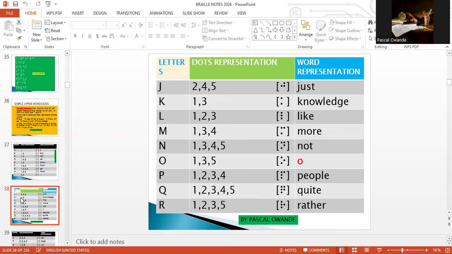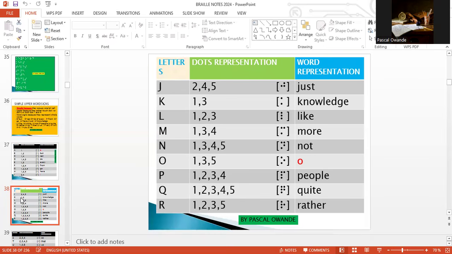Then we have letter Q, and the dots for letter Q is dot 1, dot 2, dot 3, and dot 4, 5. The word representation here is quite. Then we have letter R, dot 1, dot 2, dot 3, and dot 5.